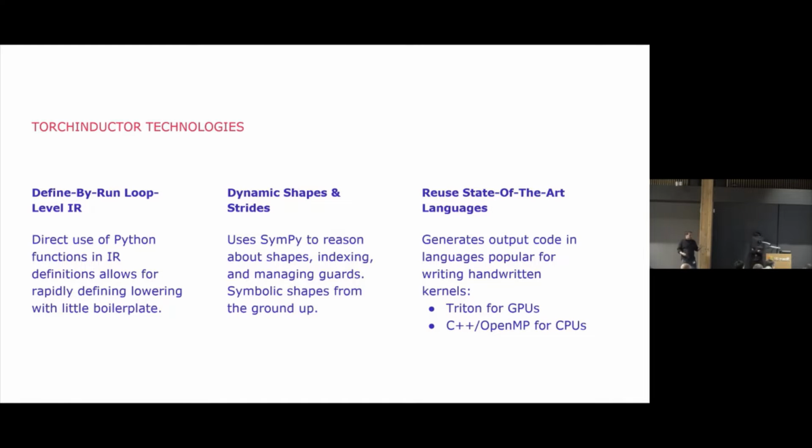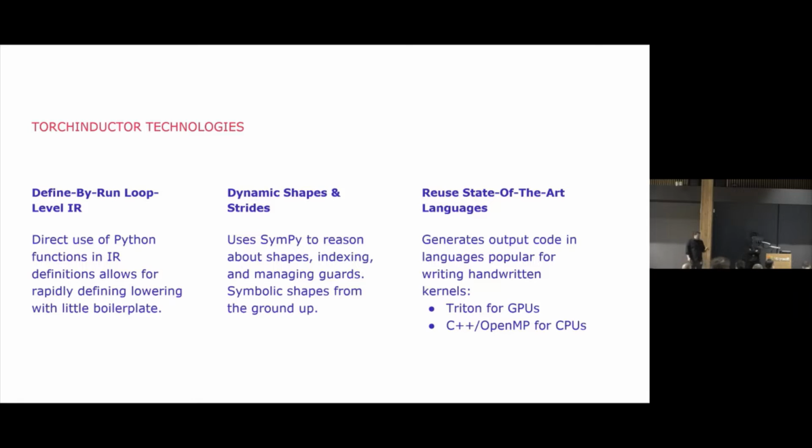There are three key technologies that helped build TorchInductor. We have a somewhat novel define-by-run loop level IR. We also support dynamic shapes and strides using SymPy to reason about shapes and indexing, which is an important feature to preserve in PyTorch. And then we also want to reuse state-of-the-art languages.